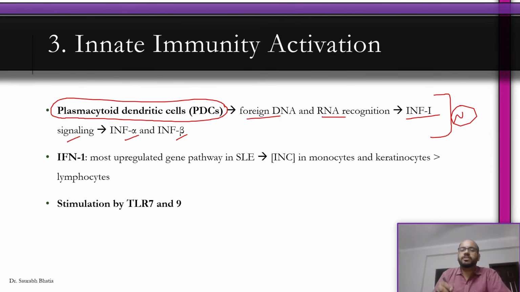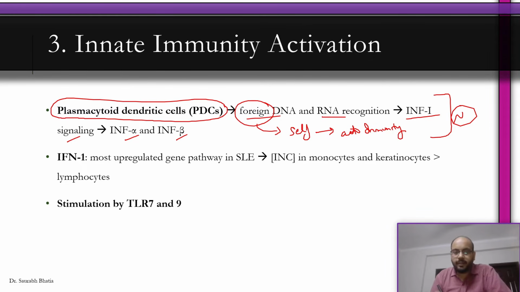If this functioning, instead of recognizing foreign DNA or RNA, starts to recognize self, then the immune response will be against the self antigens. And instead of immunity, you will have autoimmunity. Clear? Now, interferon type 1 is the most upregulated gene pathway in SLE.